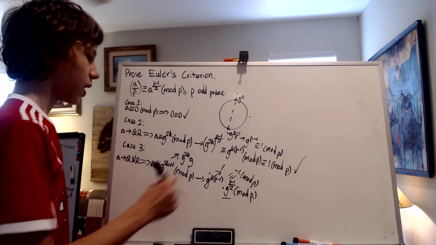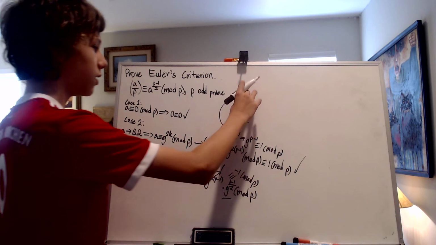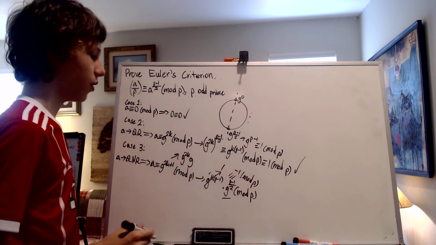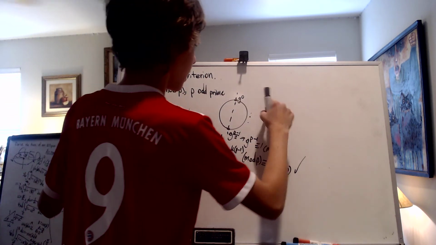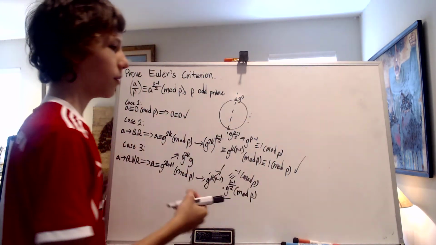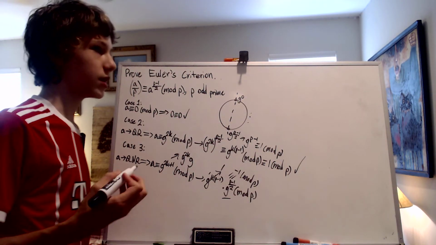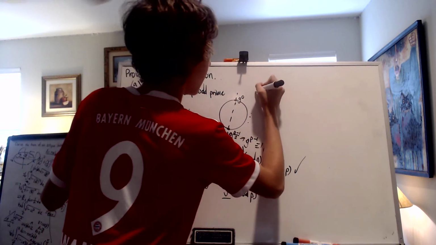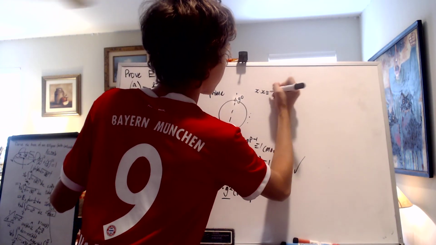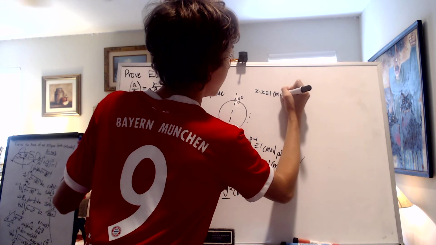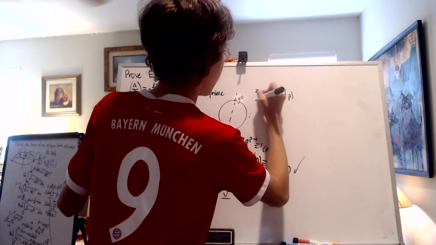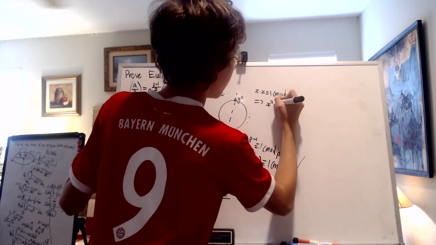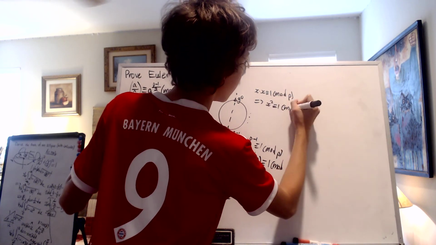Furthermore, we extrapolated that this has to be -1 mod p, because by definition, for some value x to be its own inverse, we need x times x to be congruent to 1 mod p. That implies that x squared has to be congruent to 1 mod p.